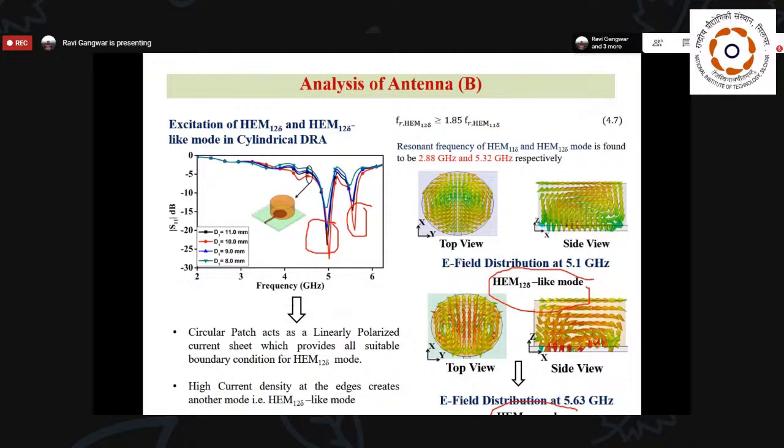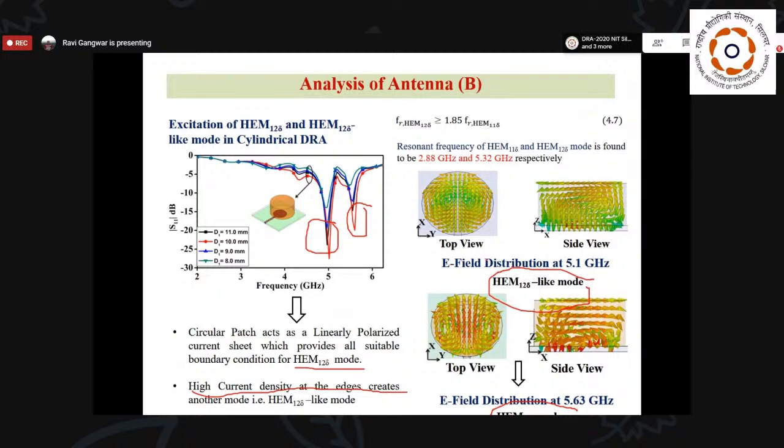Then we analyzed that the circular patch acts as a linearly polarized current seed, which provides all the suitable boundary conditions to get the HEM11δ mode. Second, to get the HEM12δ-like mode, we analyzed that with the high current density at the edge of this circular patch, we are able to get this HEM12δ-like mode.